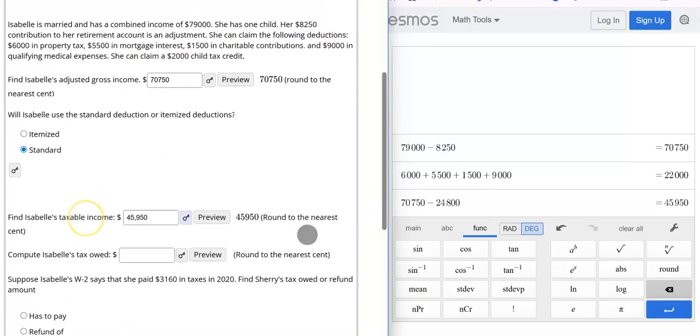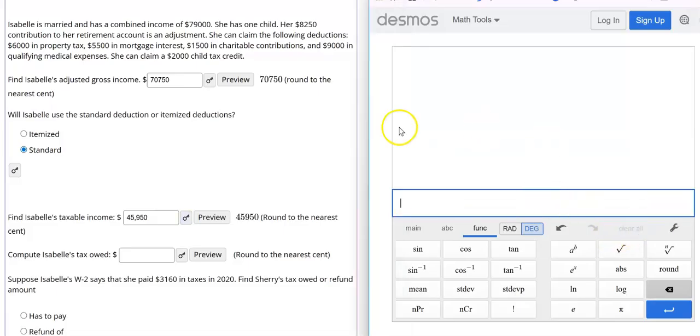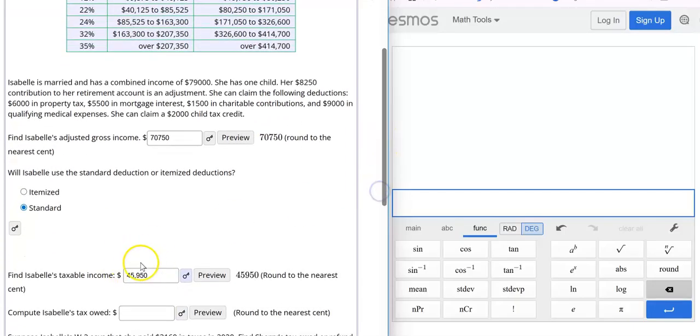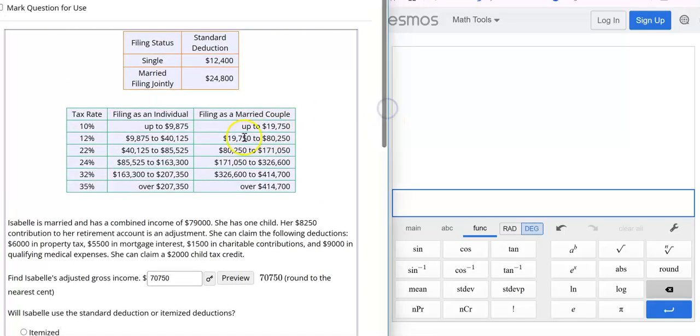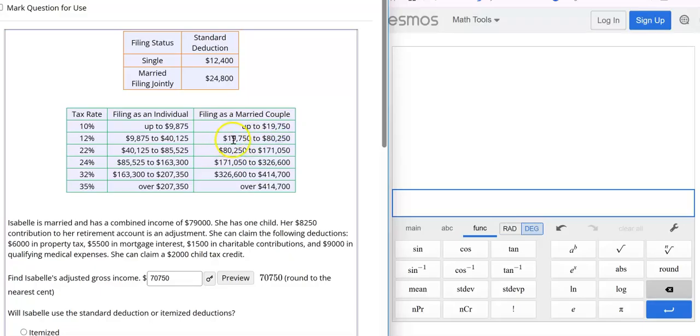Now, the next question is to compute Isabella's tax owed. So we need to do a little bit of work here. Let's go back to the table. Notice that her taxable income is $45,950. Let's find the appropriate column. I'm not using the second column. I'm using the third column because she's filing as a married couple. Her taxable income is in this bracket.